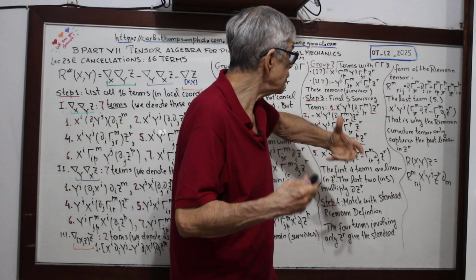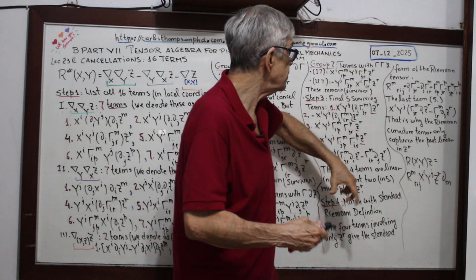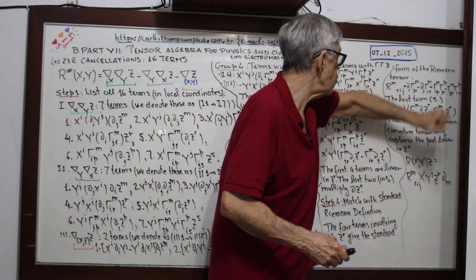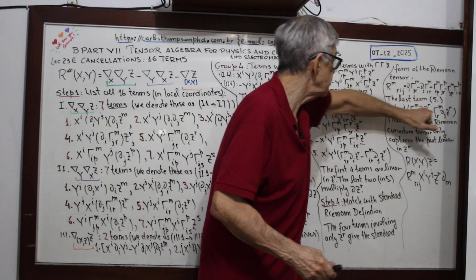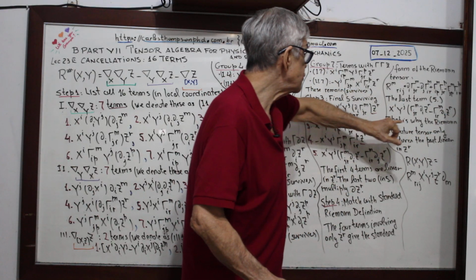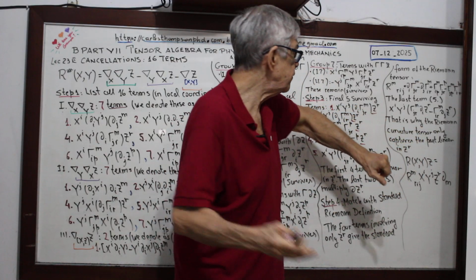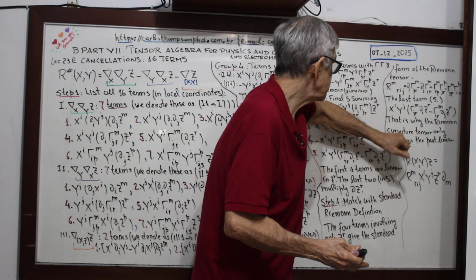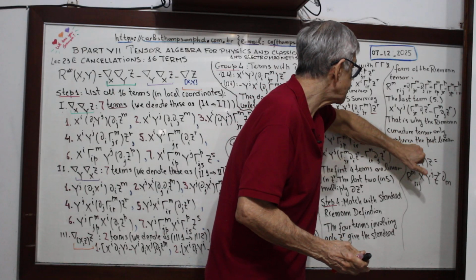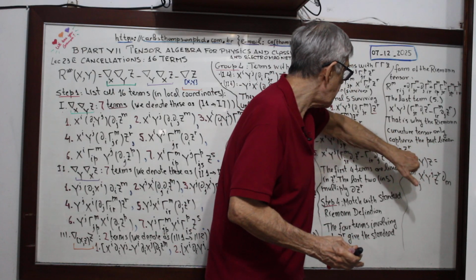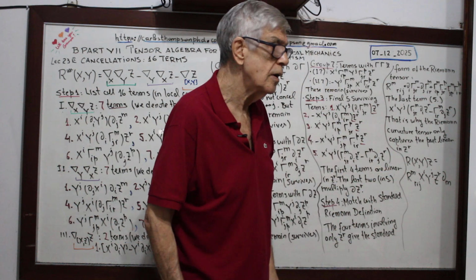The term which does not correspond to the linear is item 5, which is this term over here. So that is why the Riemann curvature by the standard definition only captures the linear part in the R.